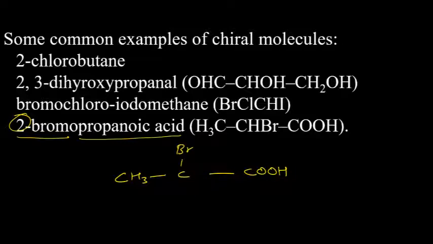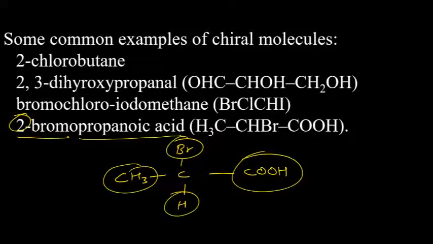This hydrogen, if I write it here, all four substituent groups are different. It will be a chiral molecule. So you will just see whether the four ligands, we also call them ligands. However, ligand is specifically a word used in coordination compounds, but sometimes substituent groups are also referred to as ligands. So it will be a chiral molecule, meaning it will show optical activity.